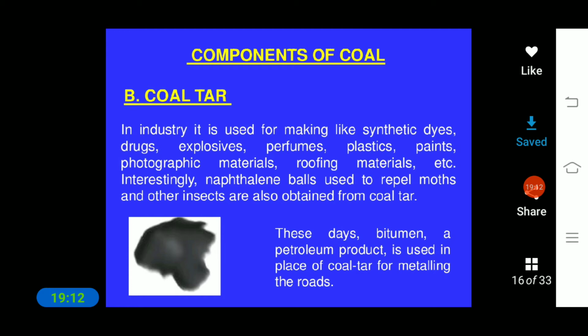These days bitumen, a petroleum product, is used in place of coal tar for metalling roads. You might have seen that coal tar was also used to make roads.